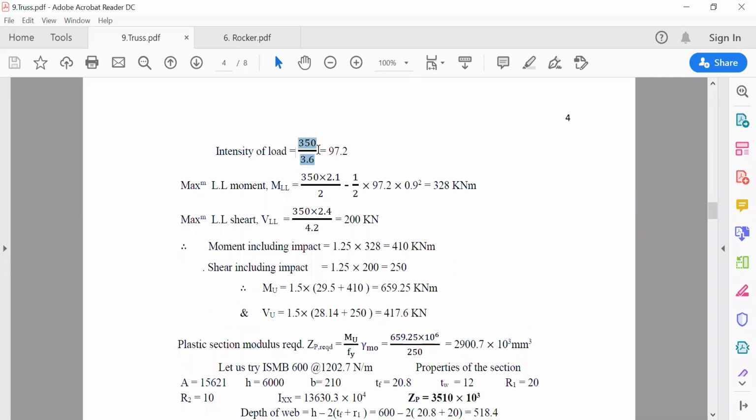So for one track the total load is 350, and the overall load of the IRC class AA track vehicle is 700. So the load by length is the UDL, right? So 97.2 is the UDL.